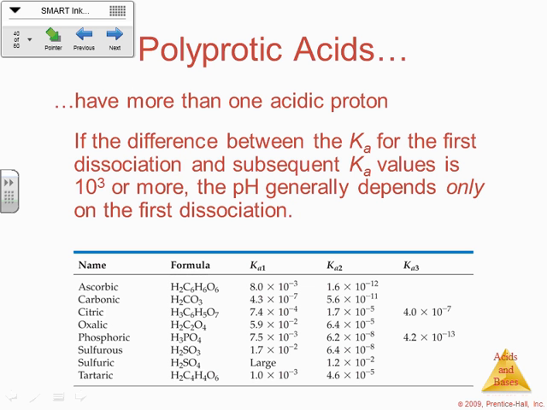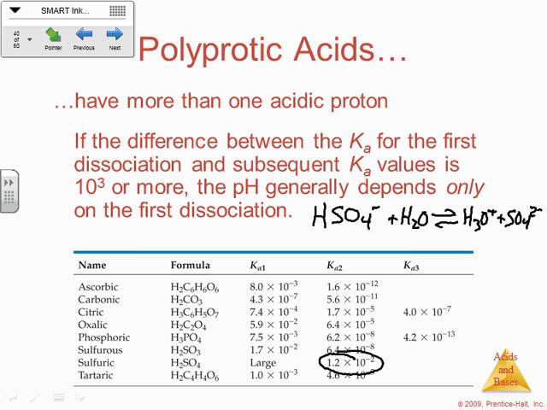Okay, the first hydrogen will dissociate completely, but then you end up with HSO4 minus. After that H2SO4, the first H comes off, then you end up with this, HSO4 minus, and then you can actually write that as an equilibrium, because then it has a Ka for its second hydrogen. All right? And you end up with H3O plus and SO4 2 minus.